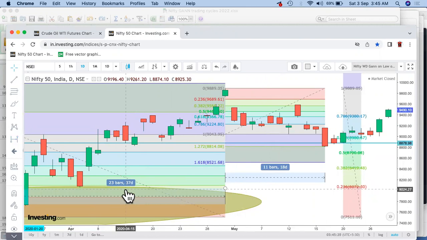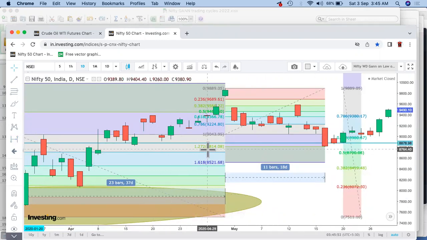So probably over here we get a ratio: the price is coming to the half level and the time required is also half. Maybe for the uptrend cycle it is taking, let's say, 23 bars, and for the reversal it is taking 11 bars. So not bad.